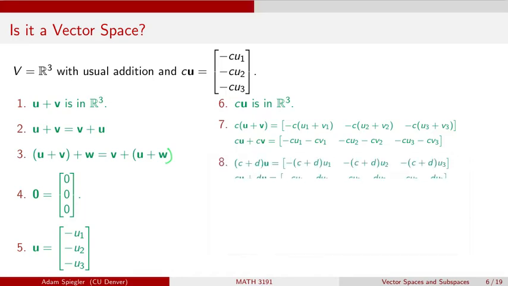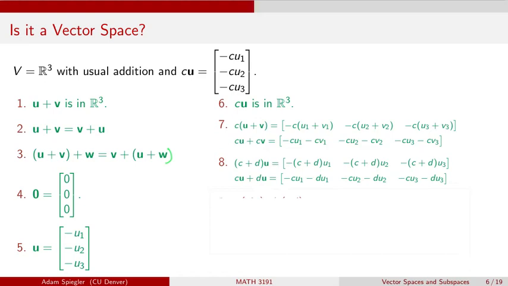If I take a look at the other distributive property, namely if I take C plus D times U, then I would multiply each component of U by minus C plus D. And if we compare that to taking CU plus DU, that would be minus CU1 minus DU1, and so on. So these two distributive properties work just fine, even with this kind of weird scalar multiplication.